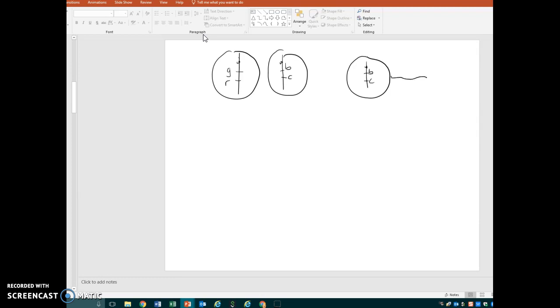sperm, right? And so then the resultant combinations here, right, get you a reuniting of the homologous chromosomes. And so then these are going to be gray and black, and this is going to be red and cinnabar, and this looks like parent 1, and then so this is the result of cross 1.